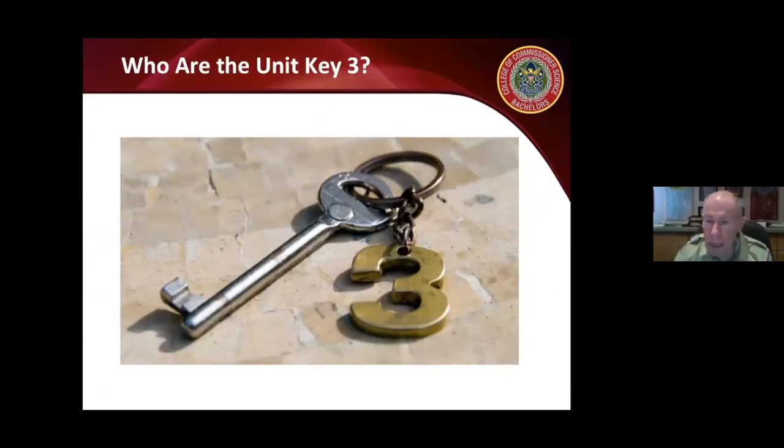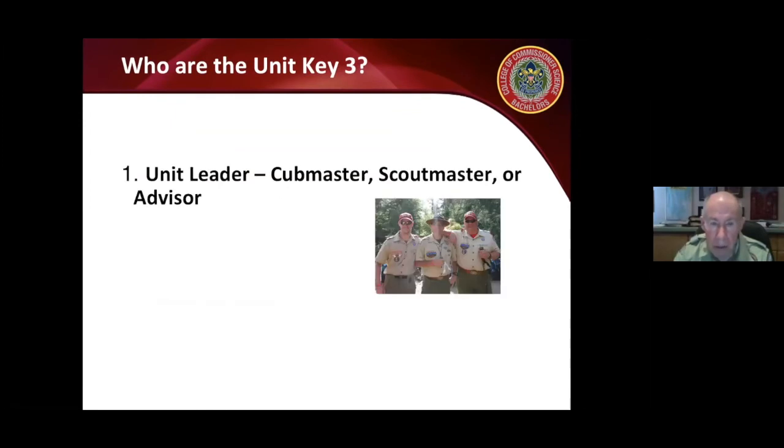So who makes up the unit Key 3? I think in that 105 class, that answer was given. The three people involved here typically is the unit leader. So for the Cubs, that would be the Cubmaster. For the Scouts, it would be the Scoutmaster.